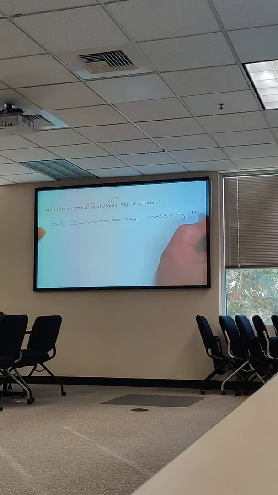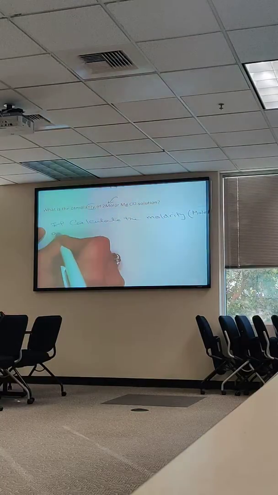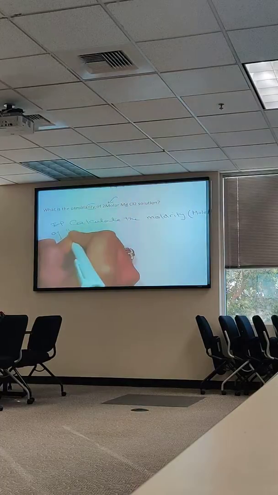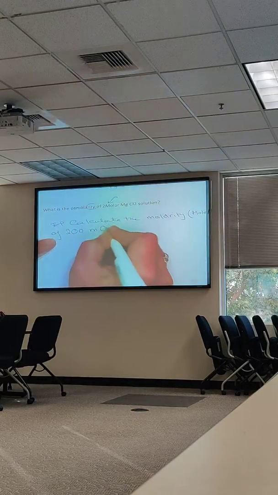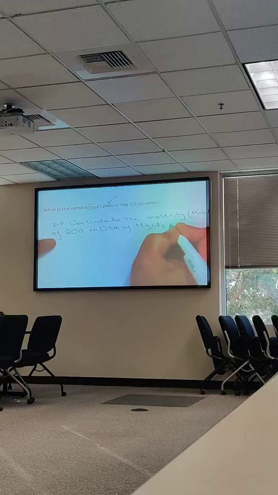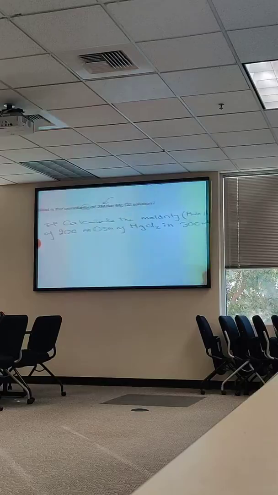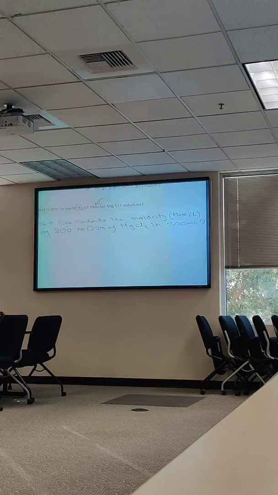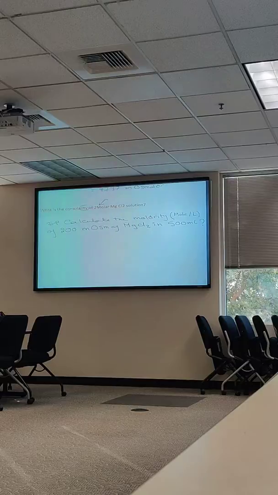Moles per liter of 200 milliosm of magnesium chloride in 500 milliliters. I want you to look at the question a little bit, think about it for a couple of minutes, and then we'll do it again. So if you have 200 milliosm of magnesium chloride, these are only in 500 milliliters. Can we calculate the osmolarity or the molarity of the solution?